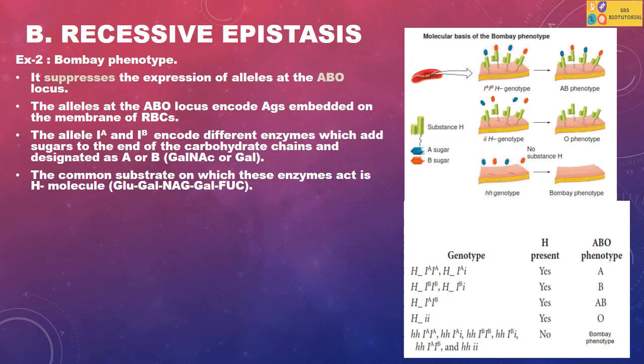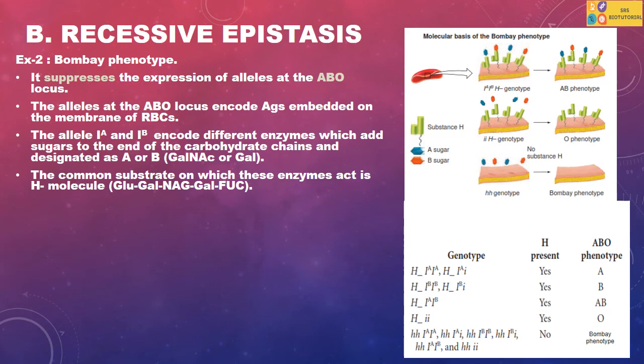The alleles at the ABO locus encode antigens embedded on the membrane of RBCs. The alleles IA and IB encode different enzymes which add a sugar to the end of the carbohydrate chain, designated as A or B. The common substrate on which these enzymes act is the H molecule.